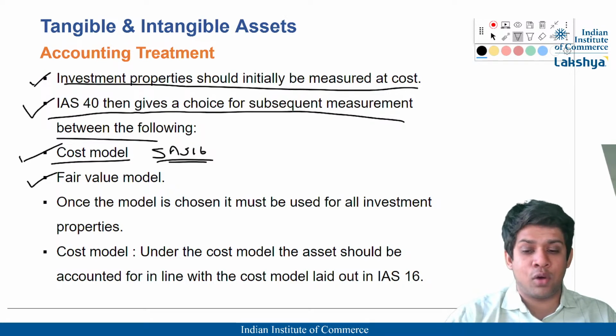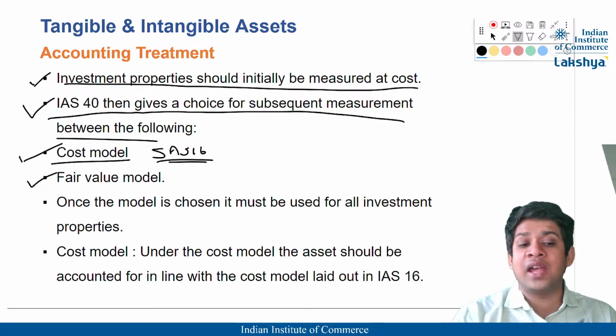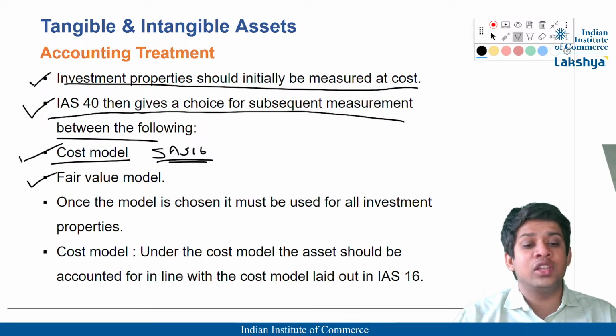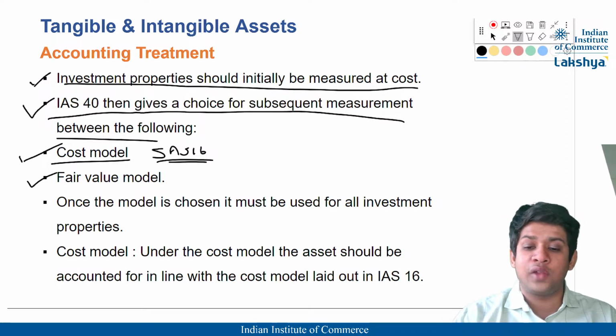But the fair value model is a different model. Don't get confused between the revaluation model of IS 16 and the fair value model of IS 40, because there are a lot of differences, and there are three major differences that I'll show you in detail, through which you can understand the difference between the two.